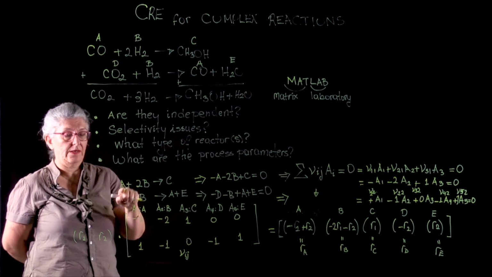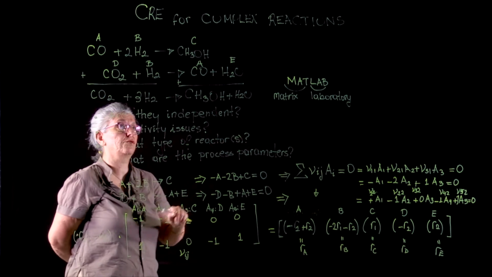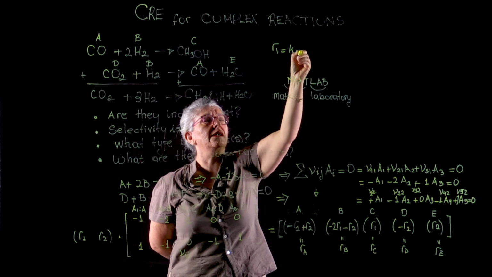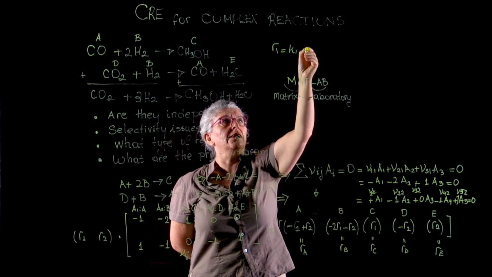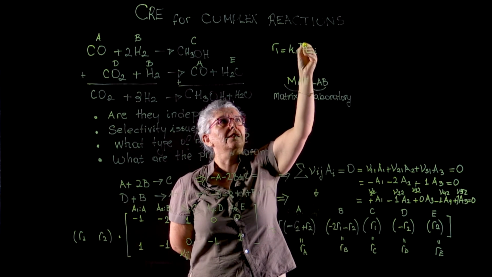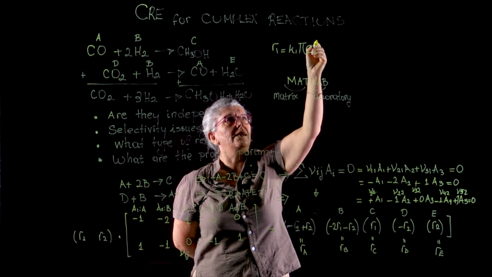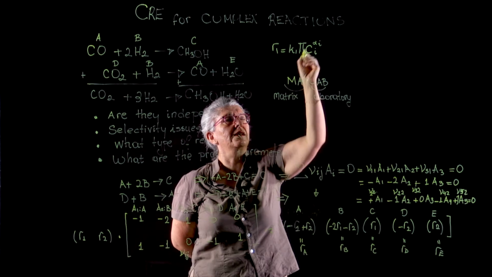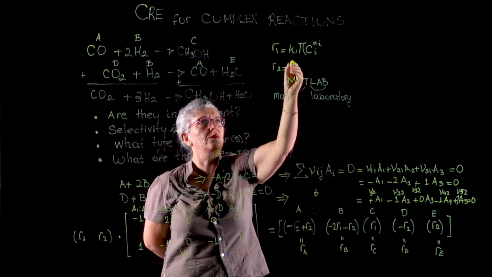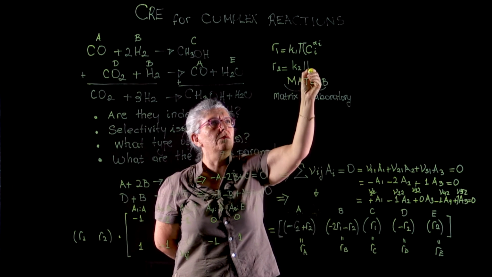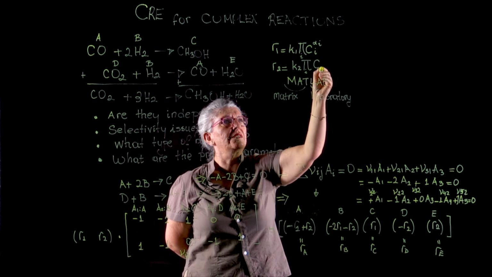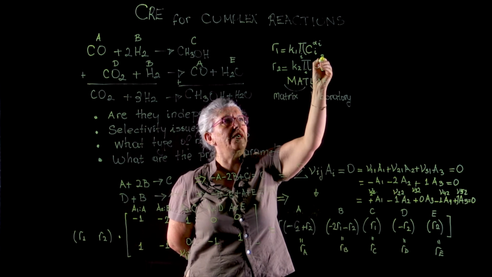So this R1s and R2s are in the following form. R1 is equal to K1 times Ci to the power alpha i. And R2 is in the form of K2 pi, summation over all species Ci to the beta i.